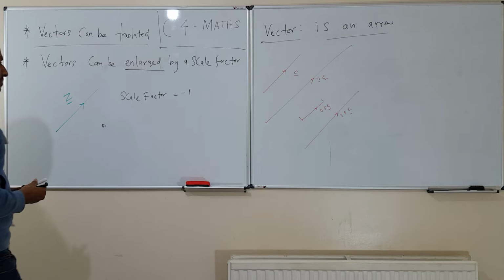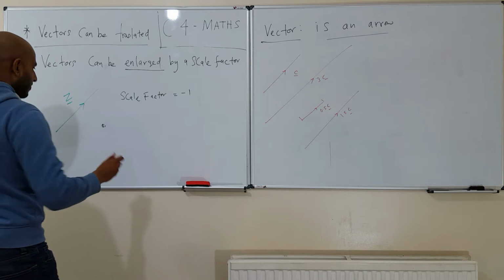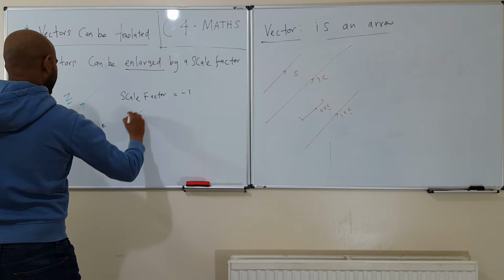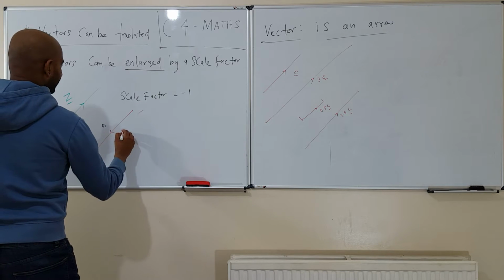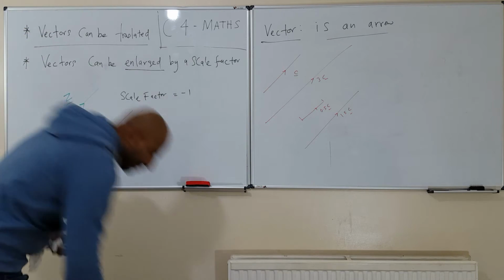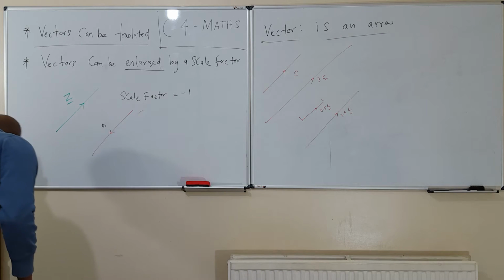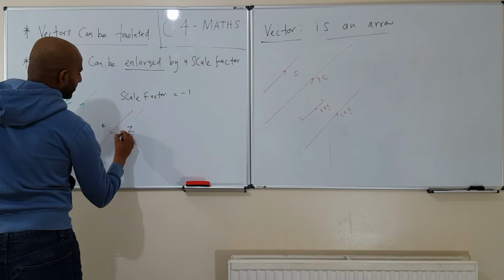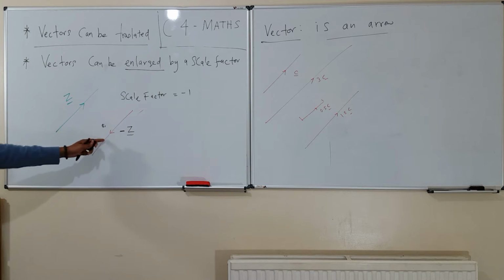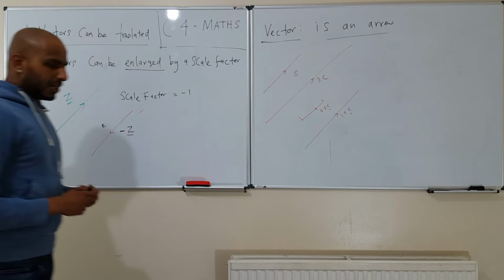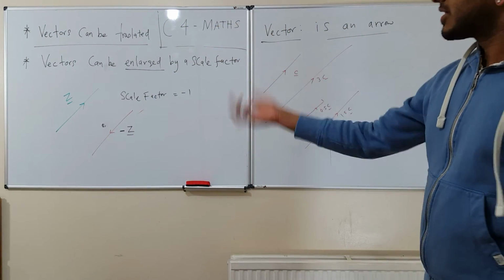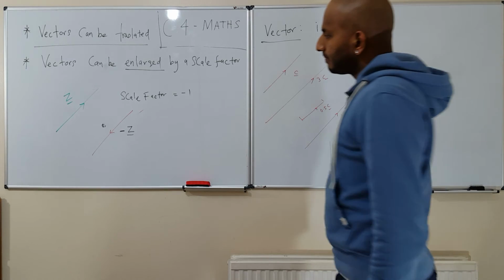So the -z would look like this. Like this. That's -z. It appears to be a sort of rotation, 180 degrees in a sense.